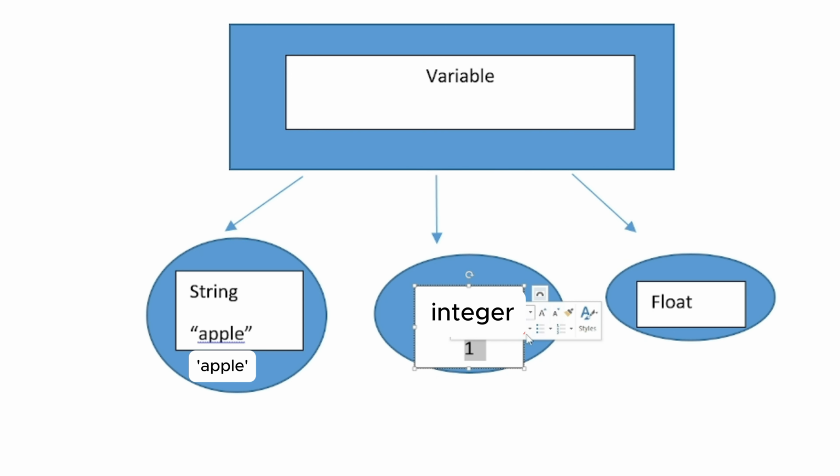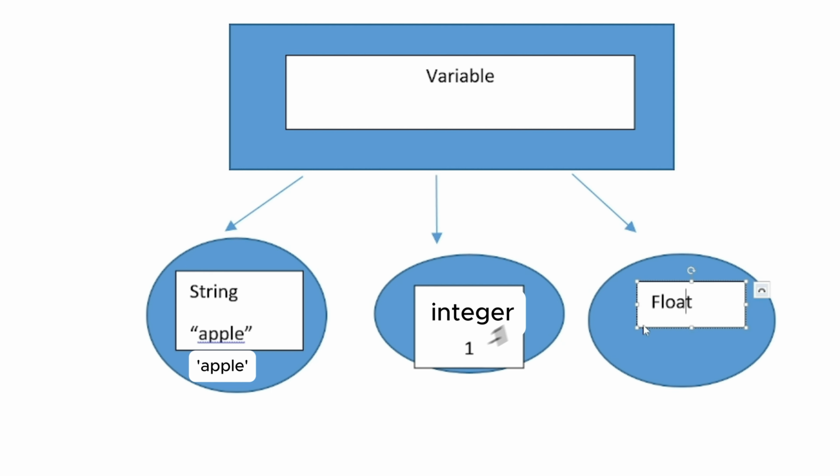Integer is a whole number, no decimals. It can be, for example, 1, it can be -1, but it's always a whole number, no decimals. Float is also a number, but with decimals. For example, 1.0 is a float.